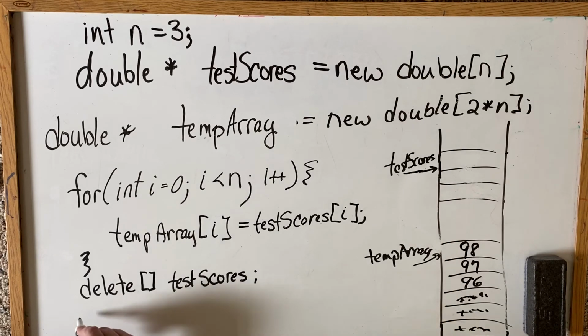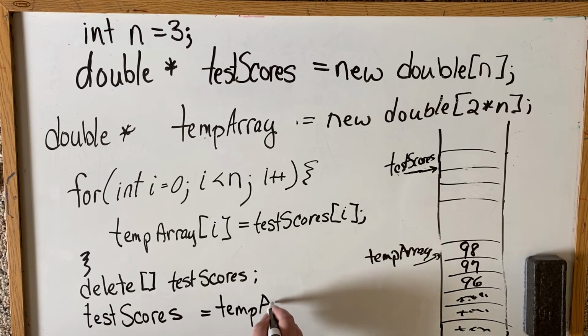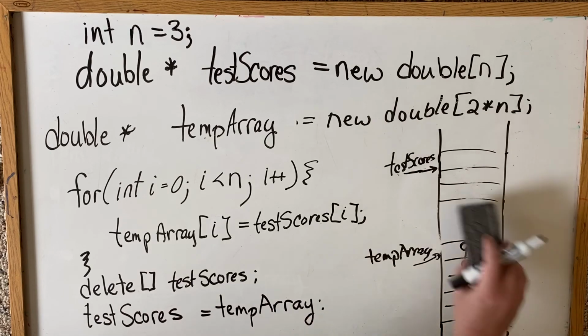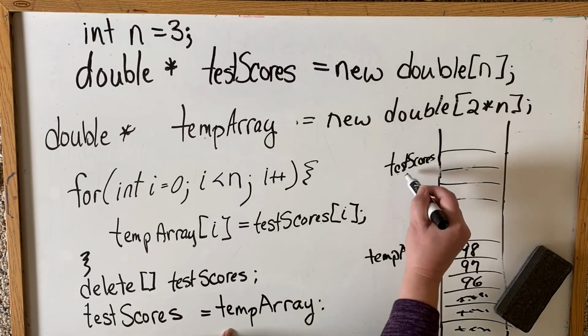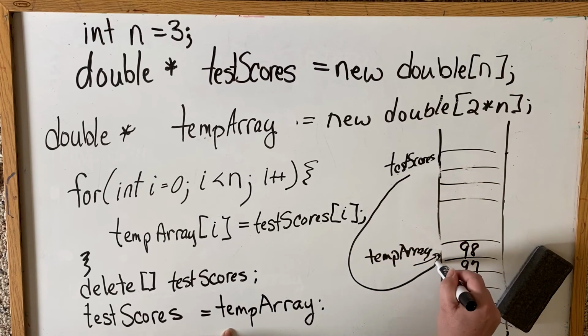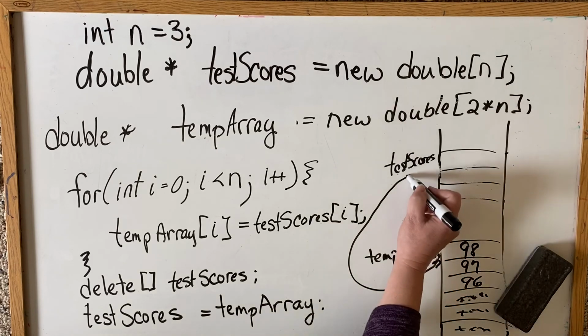Now we can move test scores to point now to the same place that temp array points. So that reassignment right here is going to move that pointer to point to the same place as temp array.